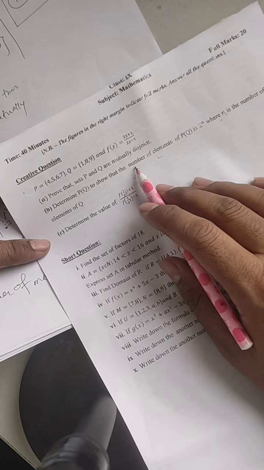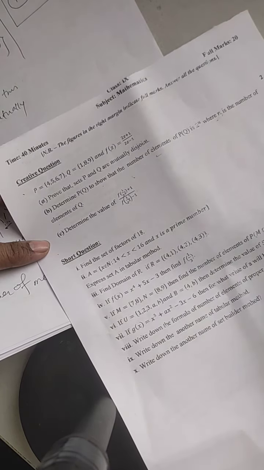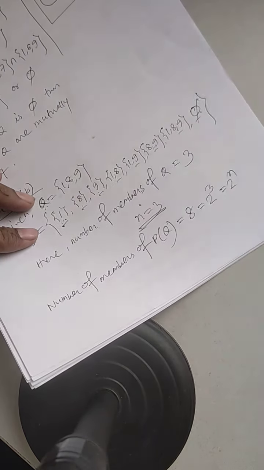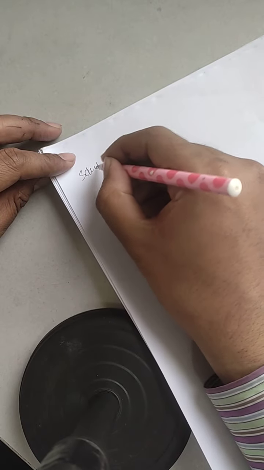Thus we can say that the number of elements of the power set of Q is 2 to the power n. So we have proved this question. Okay, now question number C, solution C.